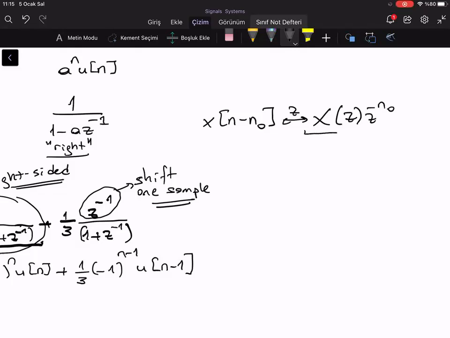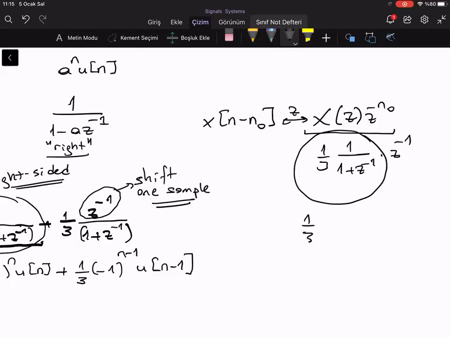So if you see this, like 1 over 3, 1 plus z to the power minus 1, times z to the power minus 1, you first take the inverse Z transform of this part, which is 1 over 3 times minus 1 to the power n, u of n. Then you should take this into account, because now it is x of n. Now you should delay it for one sample, okay? That's why I put minus 1 here and minus 1 here.